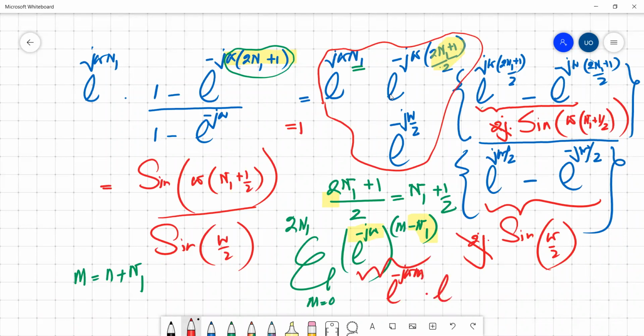In addition, we have e to the power plus j omega n1, which is independent of this index m. So we brought it to the front of this summation. Hope it's clear.